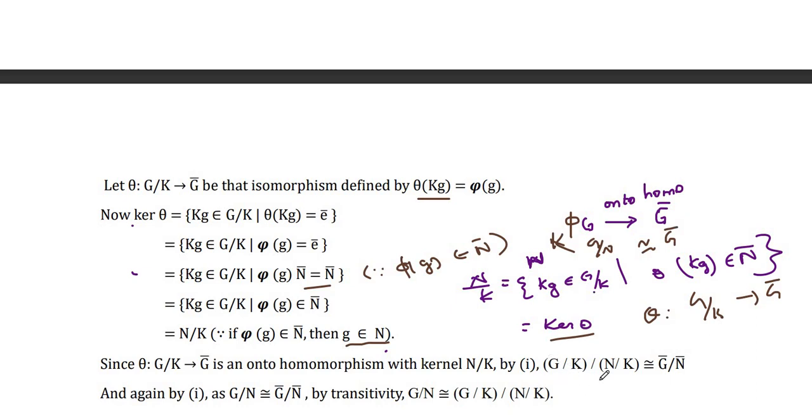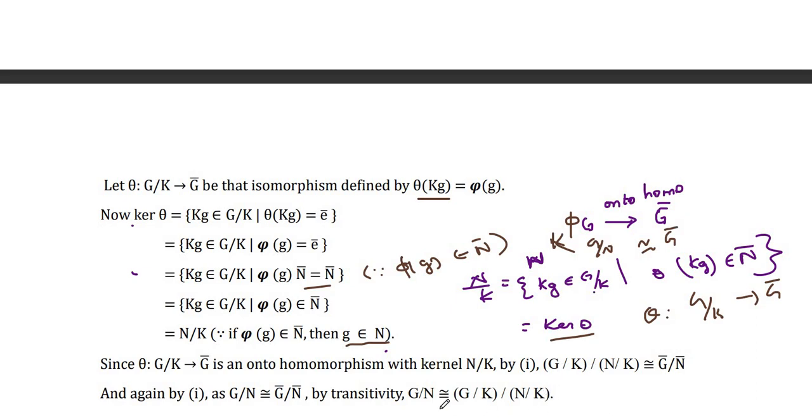So you have the condition required to make use of the first subdivision to be true. So we have G mod K mod N mod K to be isomorphic to G bar mod N bar. Again we make use of the first one because there we have said that G mod N is isomorphic to G bar mod N bar. So by transitivity, we know that whenever A, B, C are groups, A isomorphic to B and B isomorphic to C means A isomorphic to C. So we make use of that.